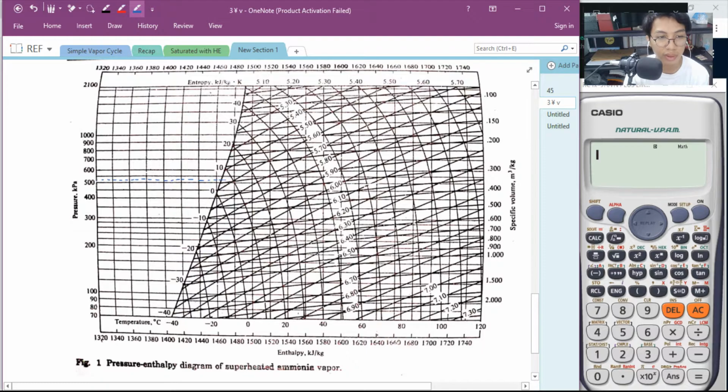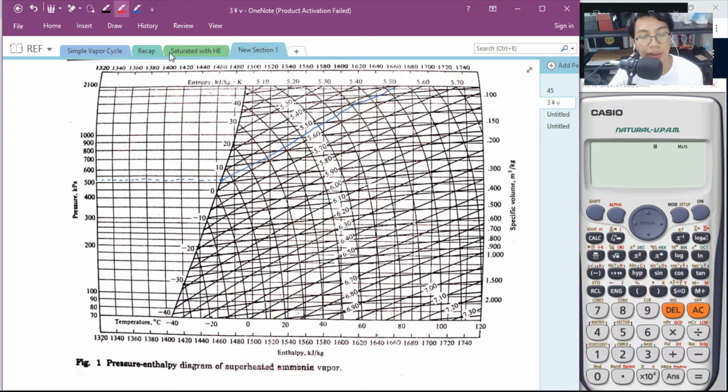Yan, temperature. 10, 20, bali nandito 5. Okay? Nagmula siya dito. Saan siya tatama? 5. Tapos 5.55 nandito, itong line na to.